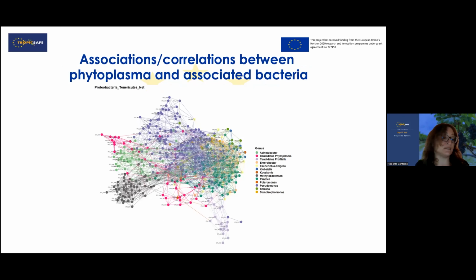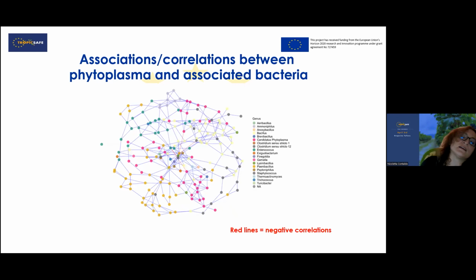And these were the results of a very preliminary analysis on the association and the correlation between phytoplasmas and the other bacteria. You can see it is a very complicated network of relationships among all these bacteria, and it is not easy to understand.